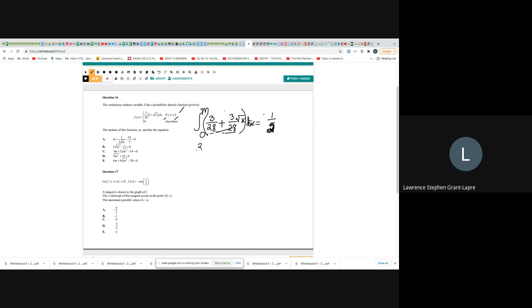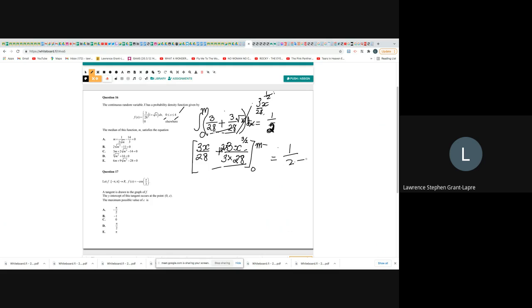So the integral of 3 over 28 is 3x over 28, and the integral of 3x to the half over 28, square root of x, we raise the power by 1, so x to the half plus 1 is x to the 3 over 2, over 28. And you divide by 3 over 2, which is just multiplying by 2/3. That is from 0 to m, and that will equal a half.